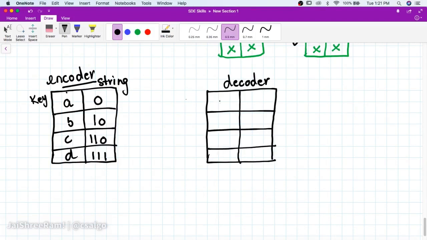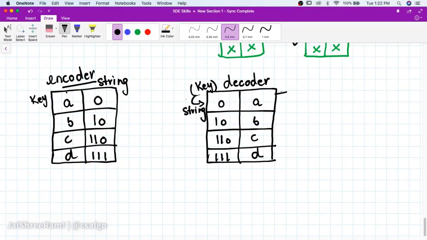So my decoder will have these same string values as the key now here: 0, 10, 110, and 111, and the values will be A, B, C, and D respectively. So this is how my decoder will look. This is my key string, and its value is the character.